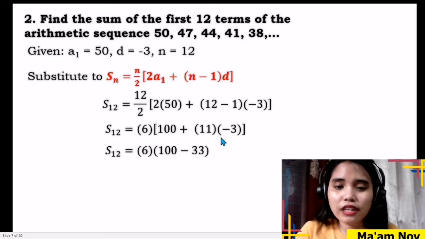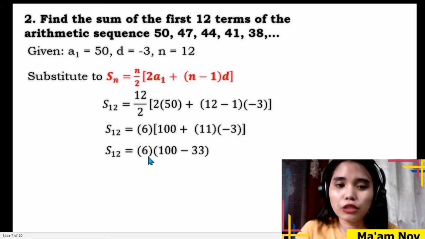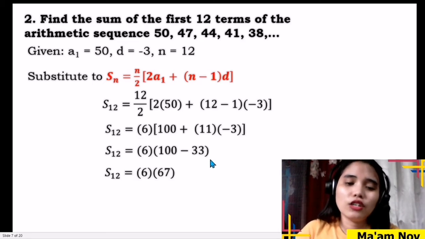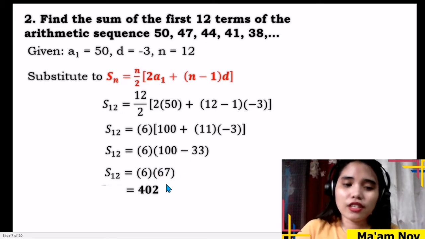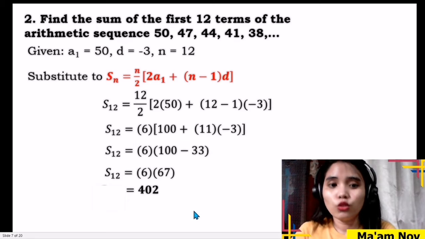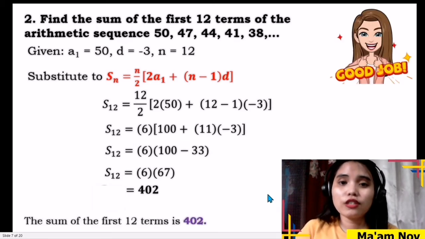Next, 11 times negative 3 is negative 33. Of course, don't forget, multiply it to 6. So we have 100 minus 33 is 67, times 6 is 402. The sum of the first 12 terms is 402.